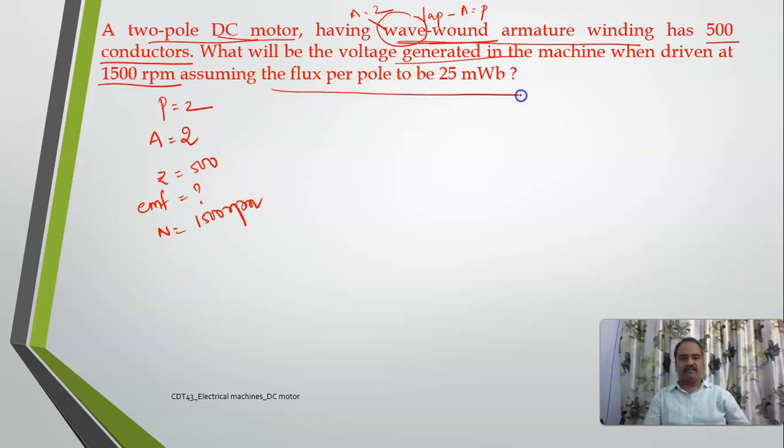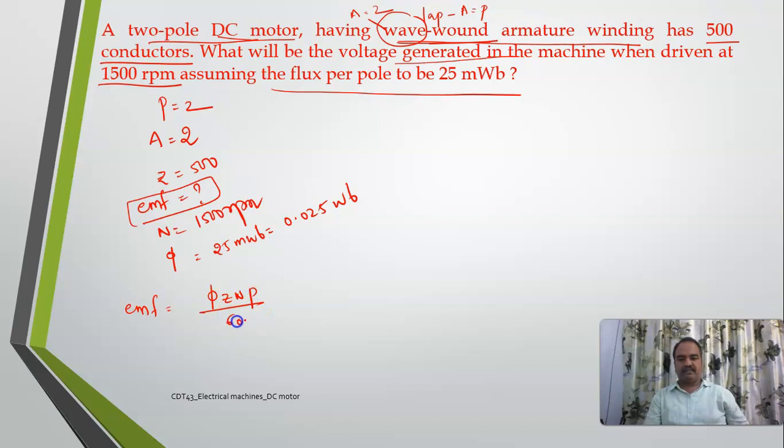And assuming the flux per pole is 25 milliweber, which is nothing but 0.025 webers. So how to calculate EMF? All the things are available for you now. EMF is equal to phi Z N P by 60A, isn't it? So it is 0.025 into Z, Z is 500, into N is 1500, into P is 2, by 60 into A, which is 2, since it is wave winding.